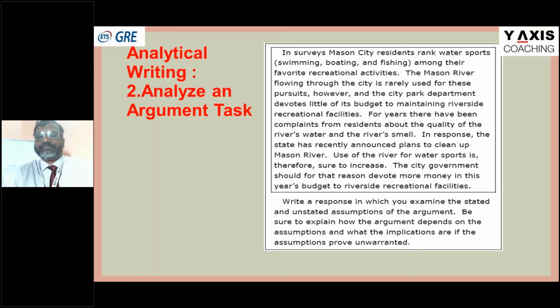That is followed by the analytical writing Analyze an Argument task. Here, you have an argument given. There is a passage, as you can look at my screen, and we'll call that technically an argument. This argument has a claim and conclusion, supported by evidence. Here we don't have to write any opinion of ours, but we assess the reasoning or the validity of the reasons presented by the author in support of the claim or conclusion.